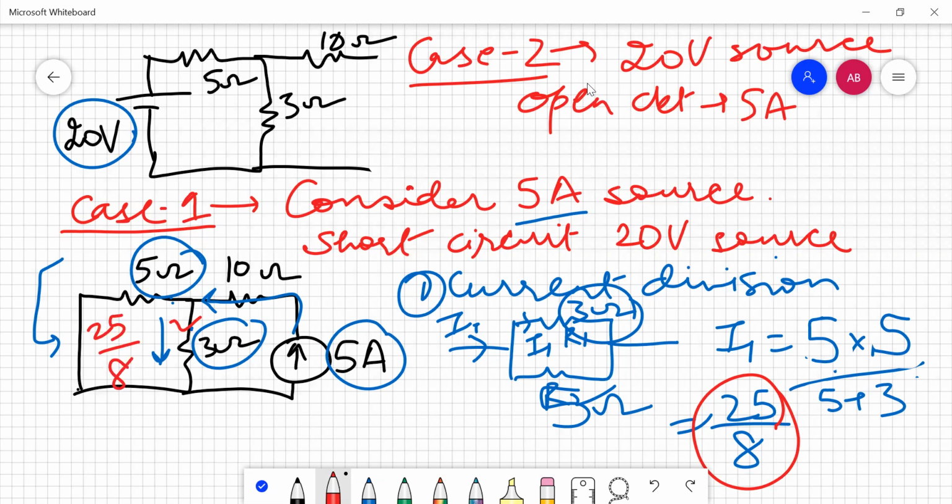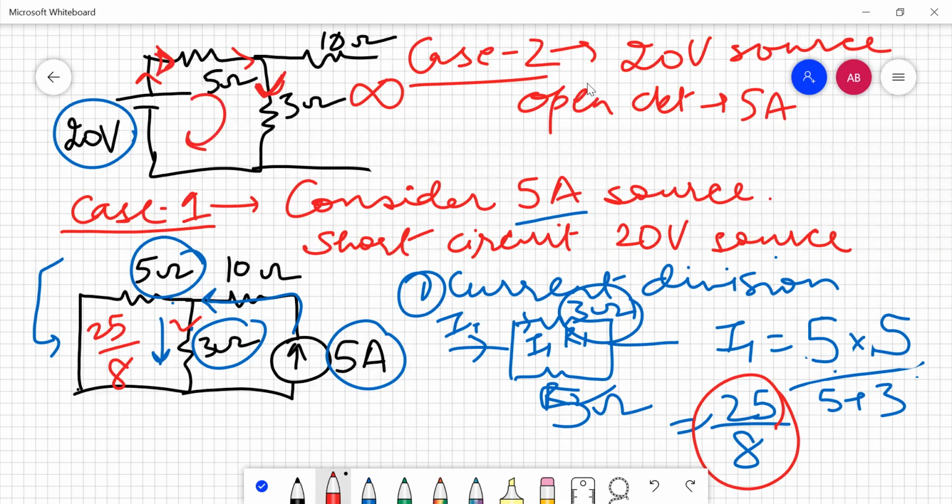So for 20 volts, you can just see that when the current is coming from my 20 volts, after coming here, it is finding infinite resistance in this open circuit. So whole of this current will flow towards this, right? So the total current that is going to pass through here will be the total current in this whole loop.